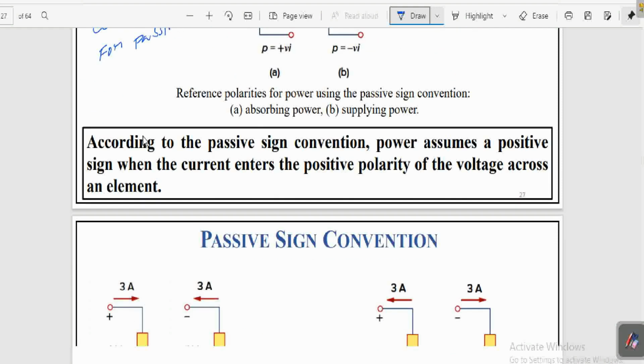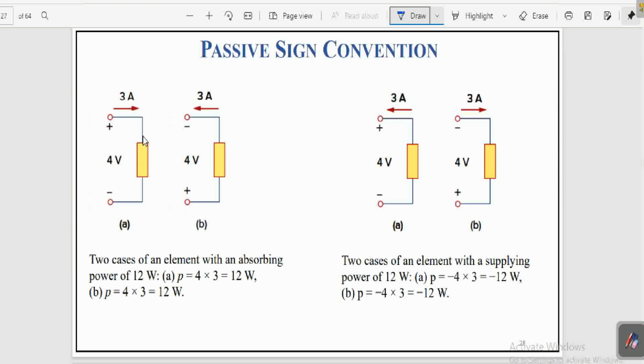Let us see some examples. Here we have 4 examples. In this example, this is your positive polarity and this is your negative polarity.